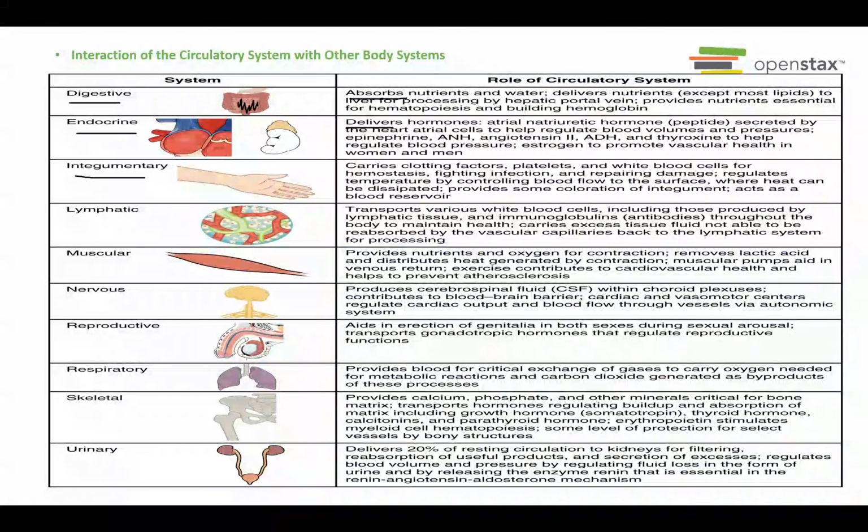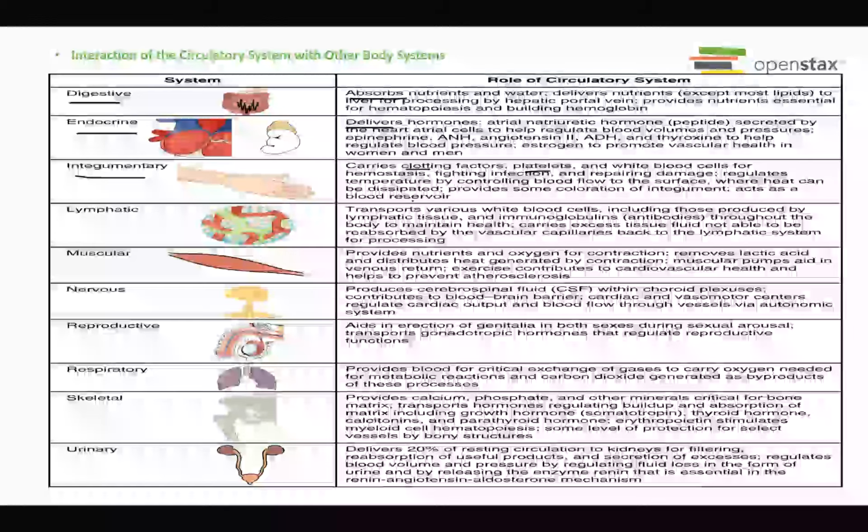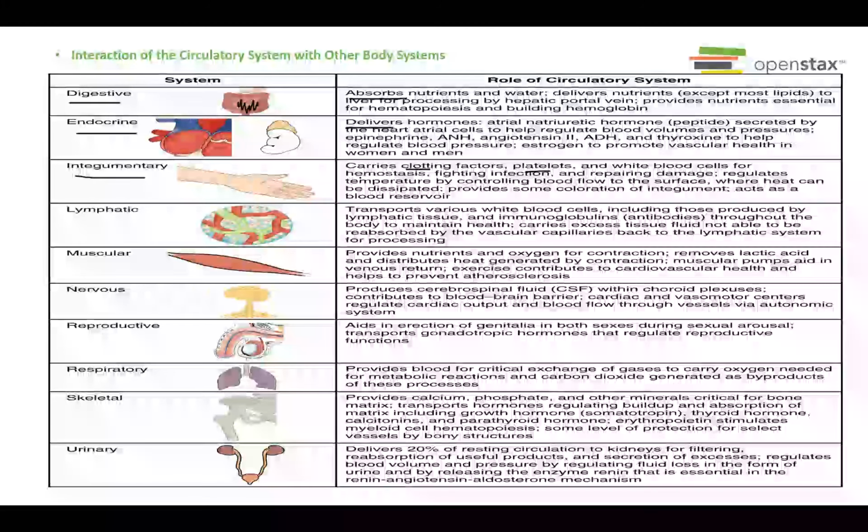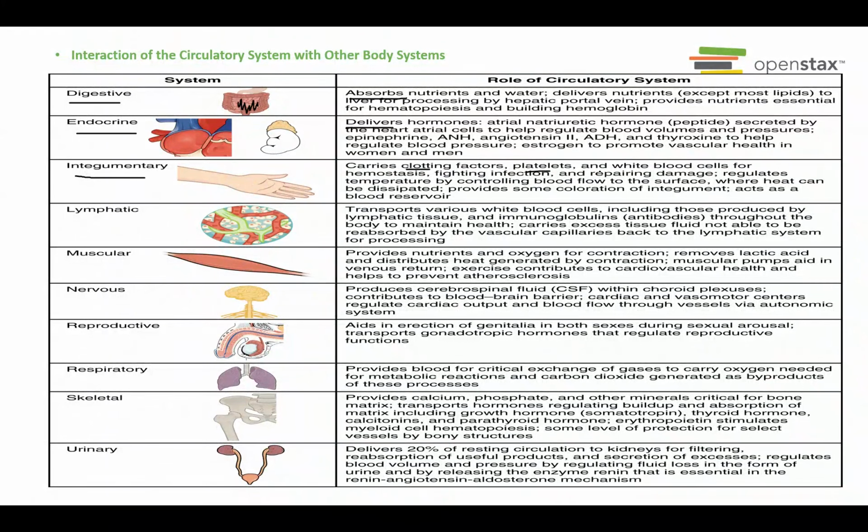Integumentary system: the blood vessels carry clotting factors, platelets, and white blood cells in case there is damage or a problem in our skin. They receive a lot of nutrients, including clotting factors, platelets, and white blood cells, to help us.